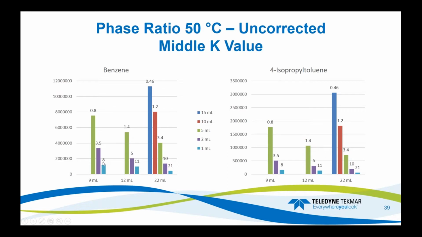From 2 million to 8 million isn't as significant as what we saw with the compounds that had a lower partition coefficient. And there again, for these compounds, if we had 15 mils of sample to use, a 22 mil vial would be the better way to go.